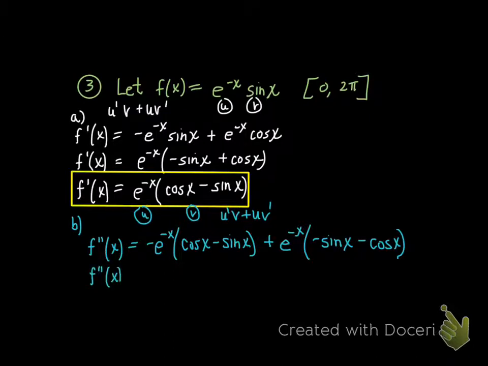Again, a little work reformatting this. What I'm going to do is factor out an e to the negative x. Now I realize that first e to the negative x has a negative sign in front of it. That's why I've got the negative in front of the cosine x now. So now I've factored out e to the negative x. The first quantity now becomes negative cosine x plus sine x, minus sine x minus cosine x. Well, that makes things a little cleaner on the inside.